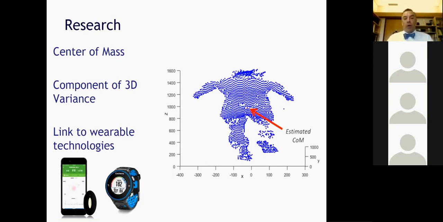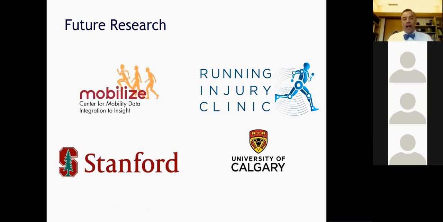And I'm also very proud that I'm one of 3 collaborators invited to join the Mobilize Center, which is an NIH Center of Excellence at Stanford University, headed up by Scott Delp. And we're working with them by partnering with their data scientists and pattern recognition experts, as well as our group of clinicians and researchers, in order to continue to really drive this research forward.